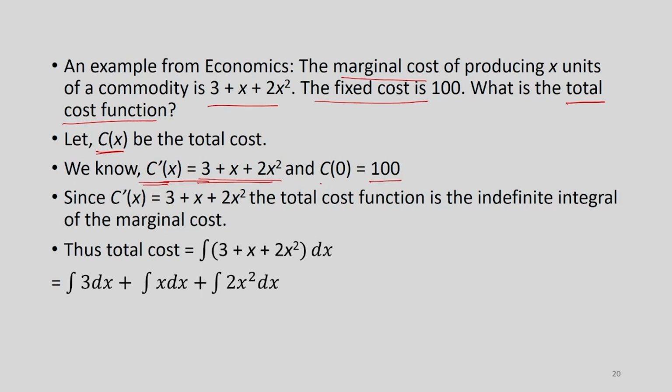In terms of our mathematical language, the cost function at 0, that is x is equal to 0, that means C(0) is equal to 100. So, these two pieces of information we know, and from these I have to find C(x). So, that is the problem.